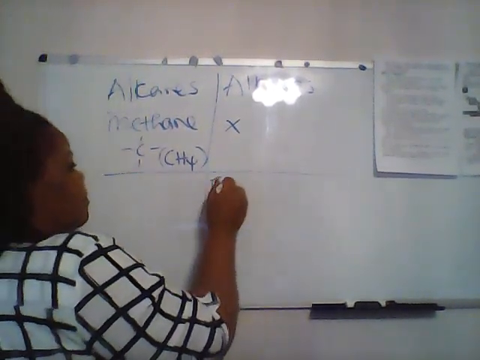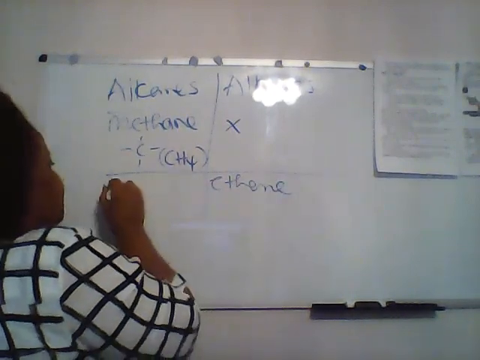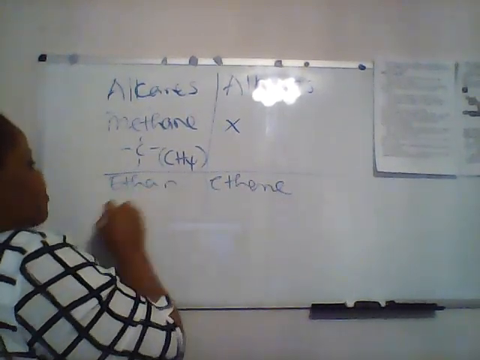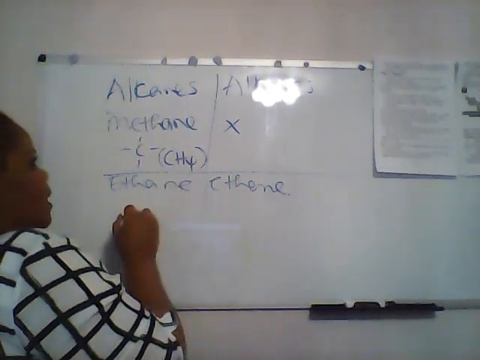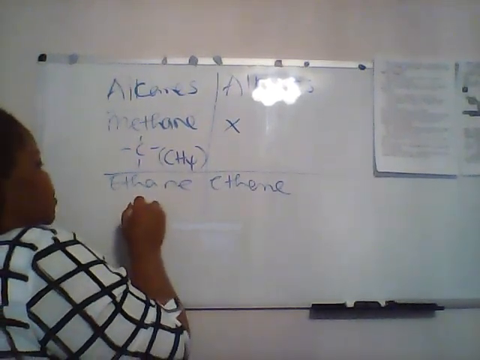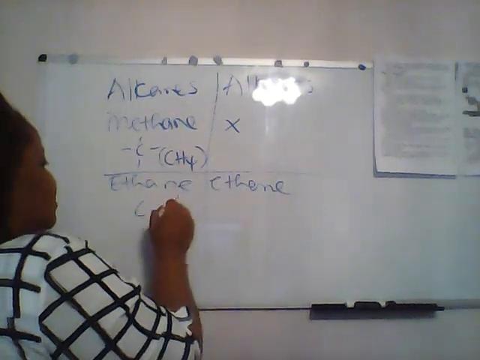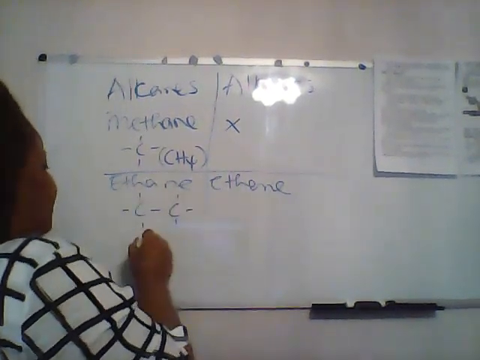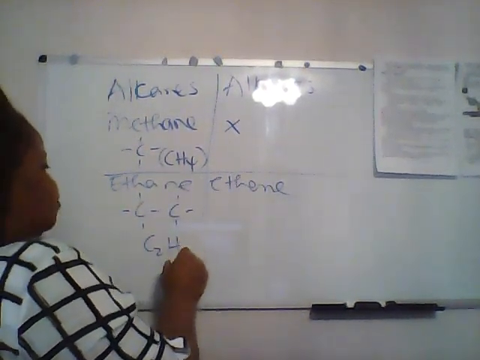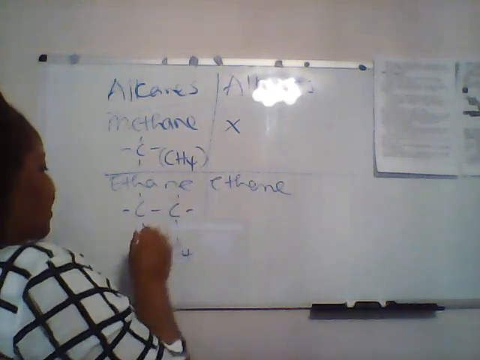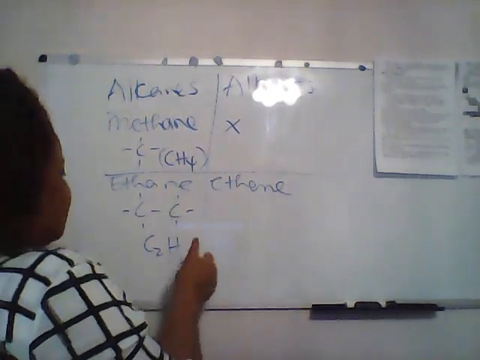So the alkenes will start from ethene. Ethane is a two carbon alkane, so it will be two carbon atoms, C, and then you have H around them. So it will be C2H4. C2H6 actually, because this is ethane.